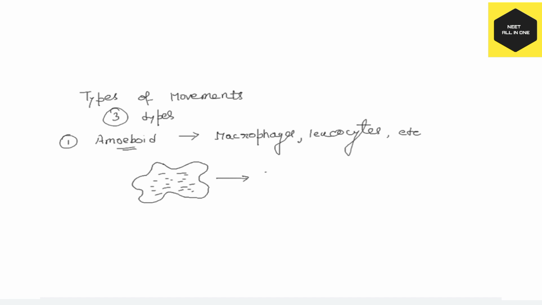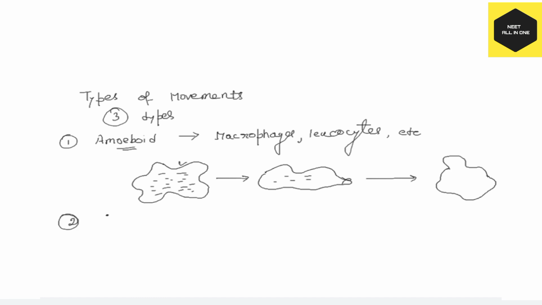Like at this frame of time it is like this, but in another frame of time, just the next second maybe, it will become something like this. Okay. And again maybe it will finally be like this. So what it is doing, it is known as streaming of protoplasm by forming pseudopodia. Okay. So this is amoeboid movement.